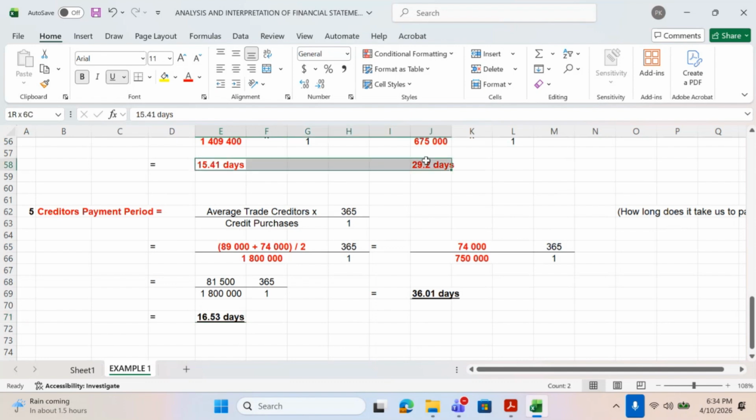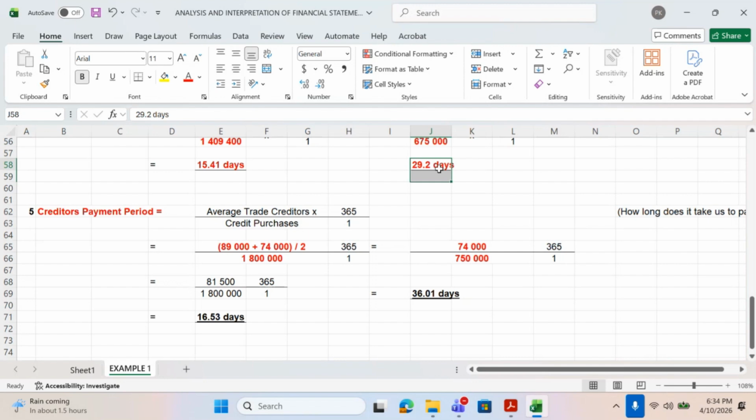based on our debtors collection period. Comparing now, if I'm paying within 60 days, I was paying 36 last year, now I'm paying within 16 days, but it is after I have collected already. If I collect within 15 days, then I pay within 16 days, it's good. I don't see anything wrong with that. Same thing as previous year.